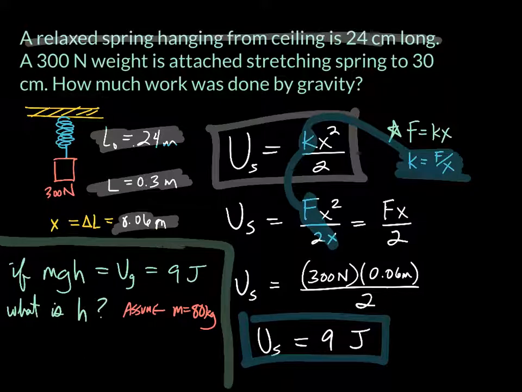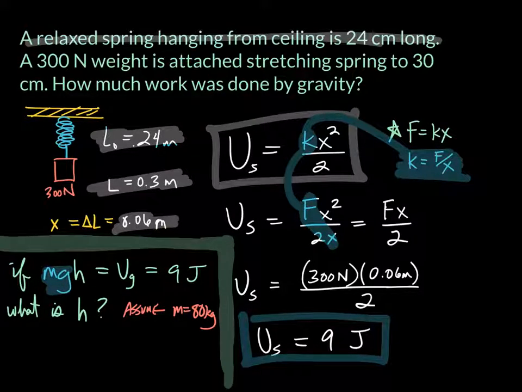Now what we want to do is put that number in perspective. Gravitational potential energy is mgh, and remember, this is really a work term, because mg is the weight of something, its mass times gravity, and height is the length along which that force does work. So it's a force times distance.